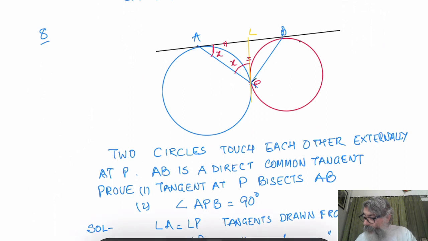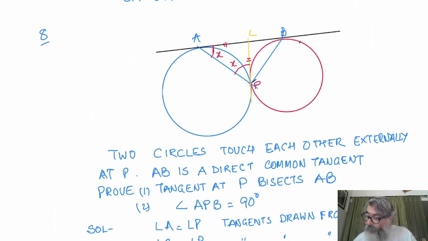Similarly, let me take another color, green. I would say that if this angle is Y, then this angle will be Y too. Why would it be so? Because again LP is equal to LB.